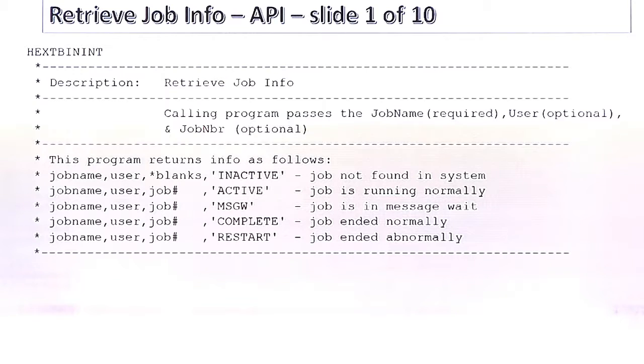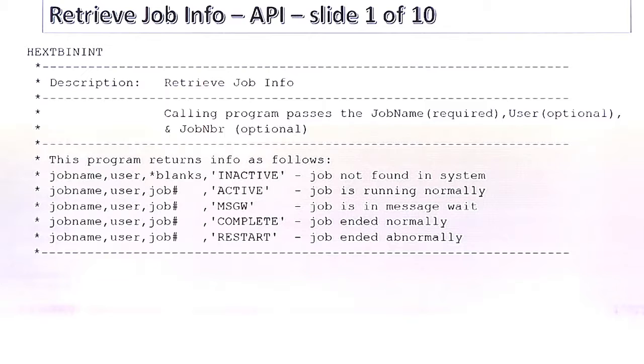But this is what kind of information it can return: whether a job is inactive, it just didn't run yet, or it's actively running, if it's in a message wait, or if it's complete, by looking at the spool file from the job to see if it's complete. And then if it needs to be restarted, in other words, it canceled. It's not active, but it needs to be restarted. It has started at some point.